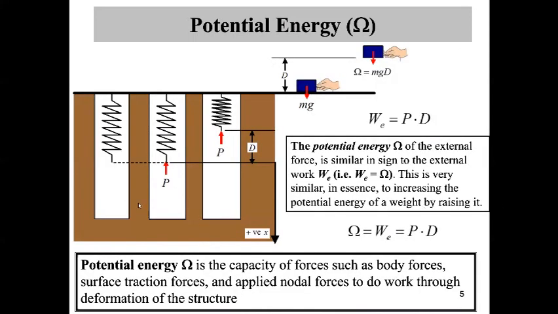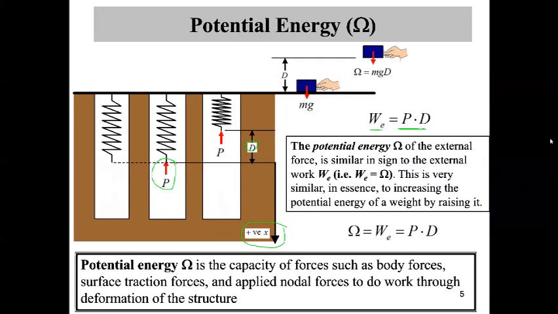If the external nodal force P was applied to the spring in the negative x direction of the system, the spring will compress or contract an amount of d in the opposite direction to positive x, and the corresponding external work WE done by the external nodal force will be P times d.